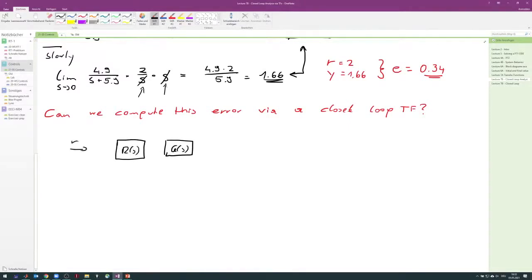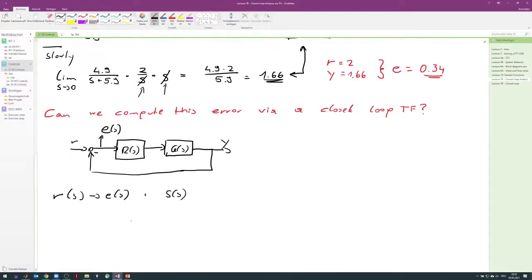We have the reference here, the output here, we have the minus here, and this is the error here, E of S. We know from R of S to E of S is nothing but our sensitivity function, and the sensitivity function is 1 over 1 plus R of S times G of S. Either you look it up in the lecture notes or you compute it quickly.